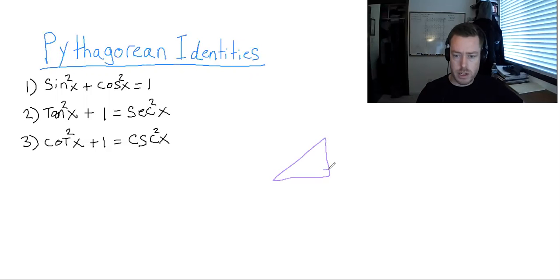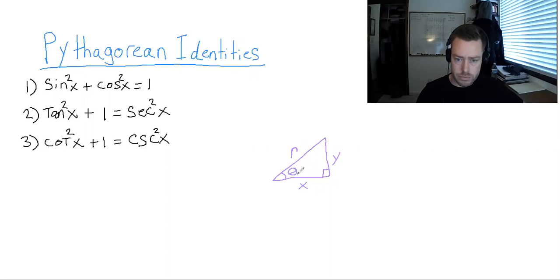This side is going to be x, this side y, and this will be some r, which stands for radius.